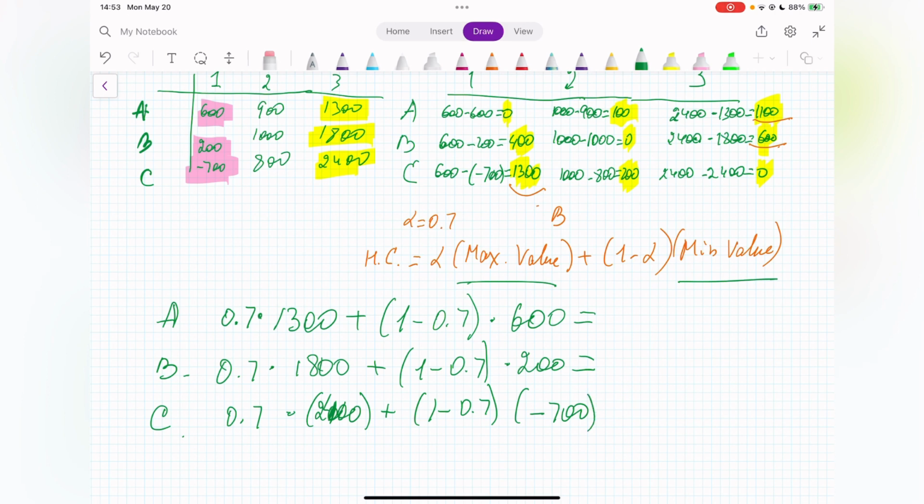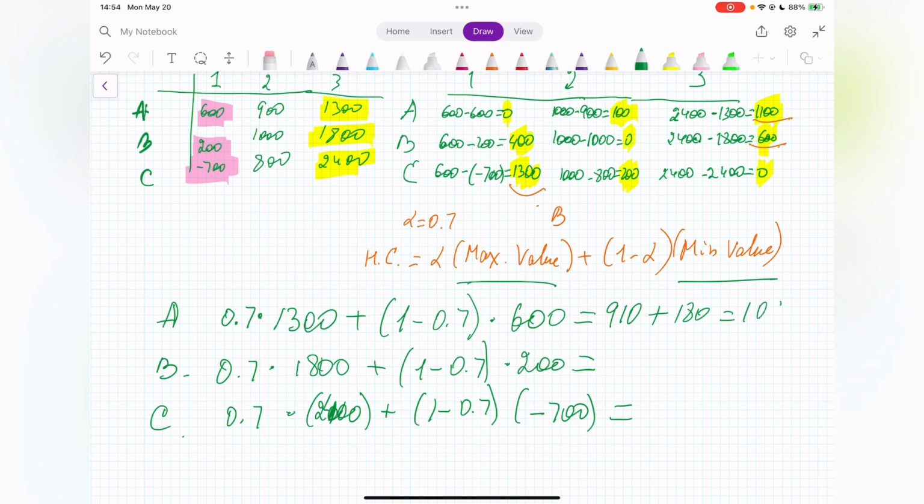Okay, so how much will we get here? Let me see real quick. 0.7 times 1300 is 910, plus 600 times 0.3, which is 180, and the result is going to be 1090.